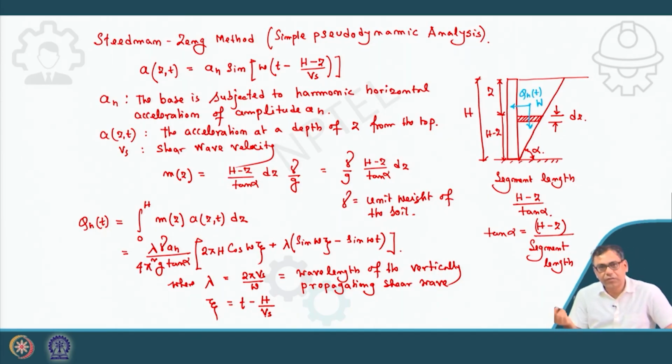Now, if I put these forces QH, W and PA, similar to the Coulomb's method I have discussed, the Mononobe-Okabe has been extended. So now we have three forces QHT, W and PA.